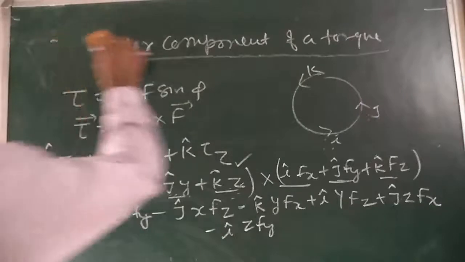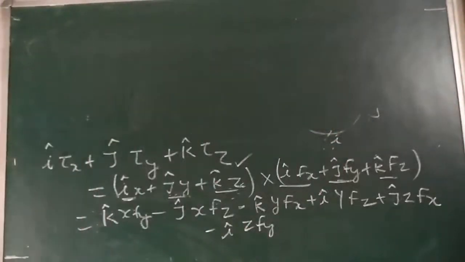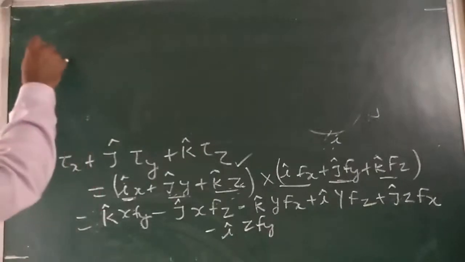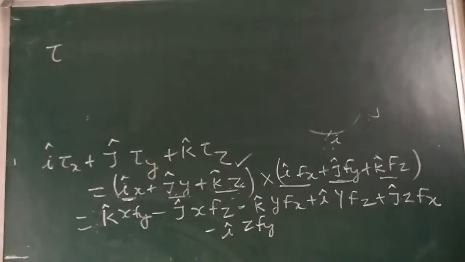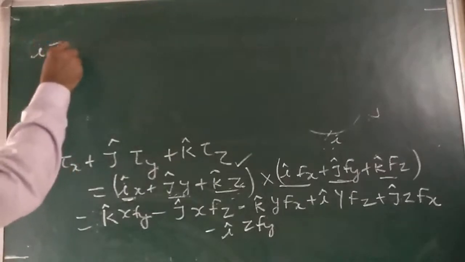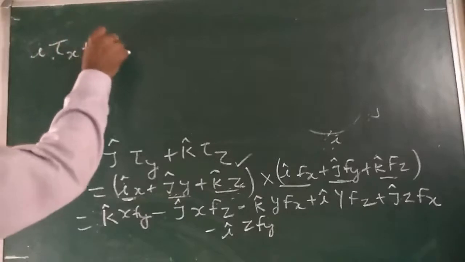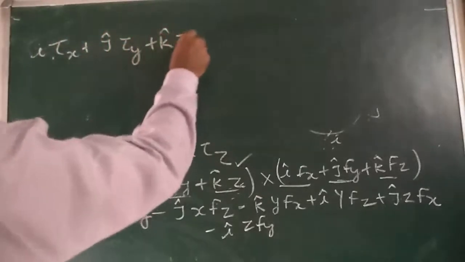Or you can solve this with the help of the determinant technique, which is also very easy. So torque comes out to be i tau x plus j tau y plus k tau z.